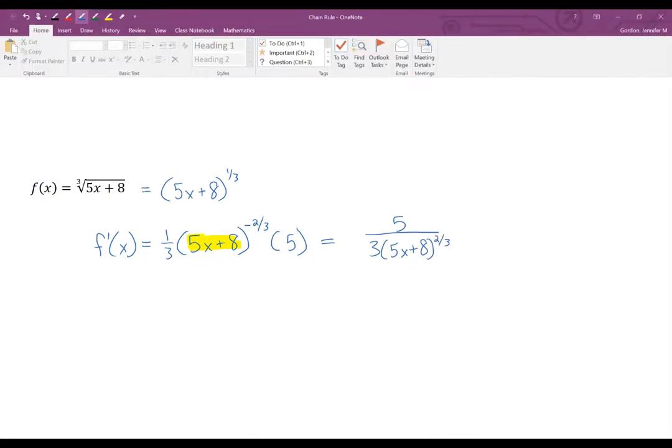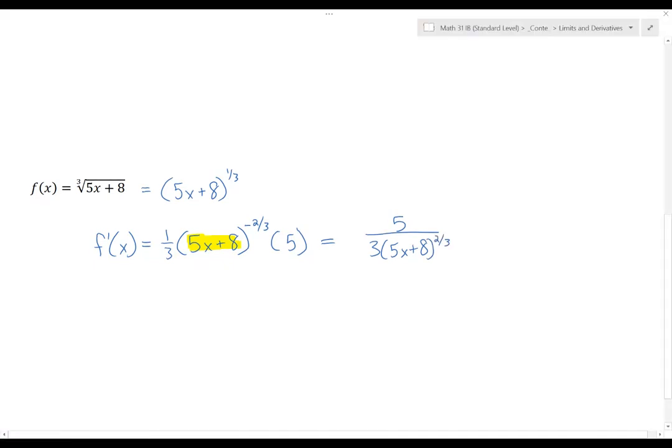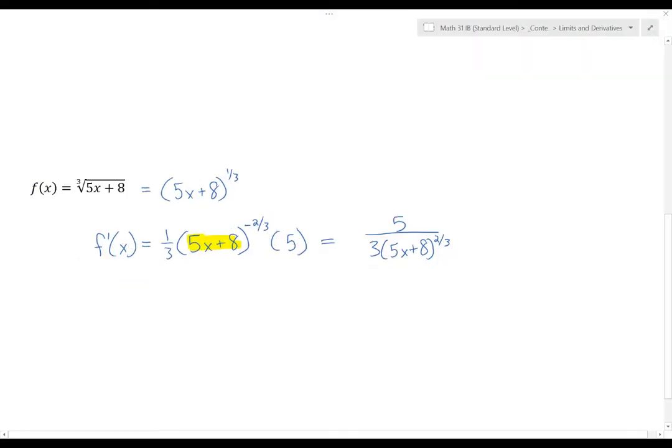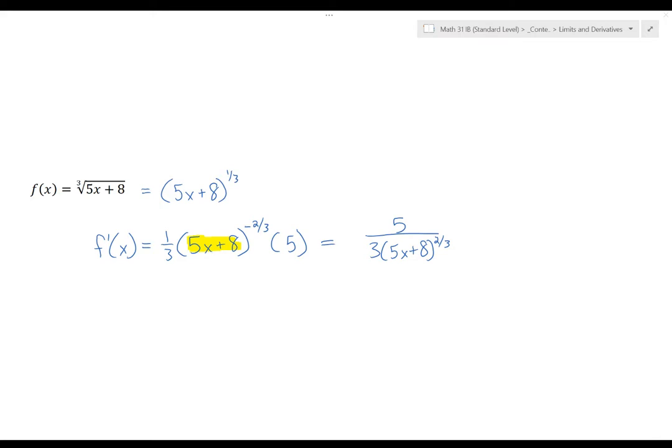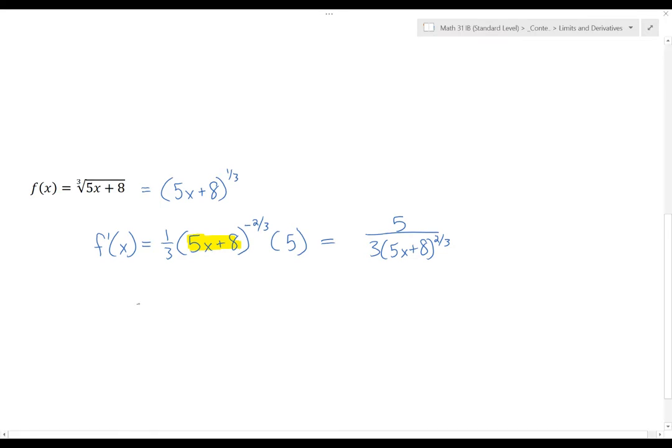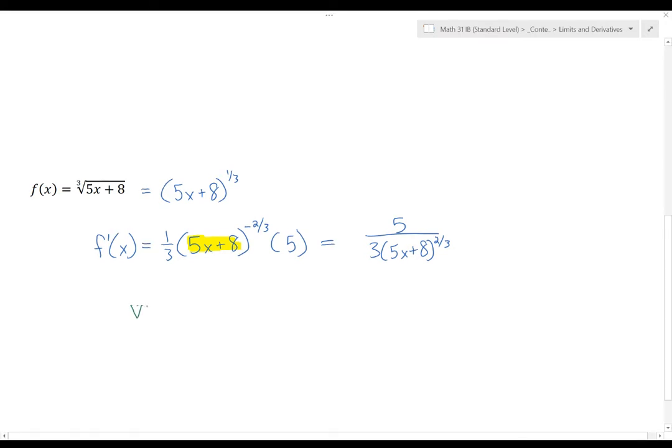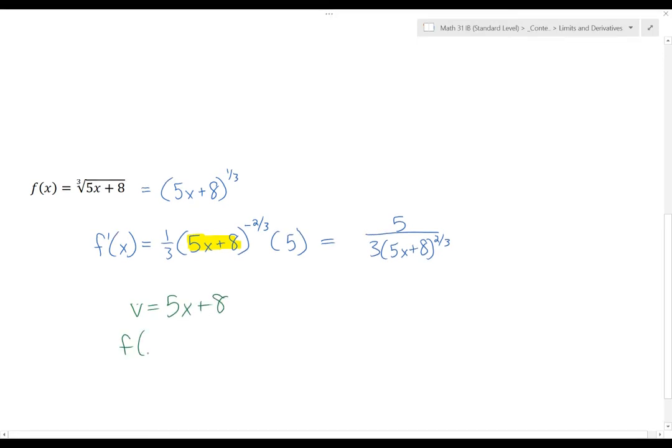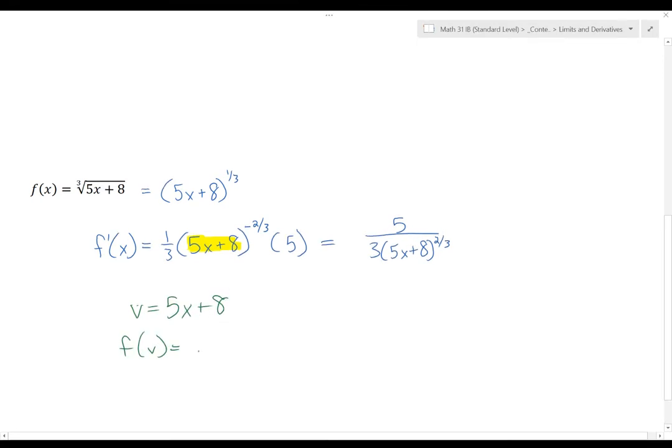If I think of what the chain rule was in Newton notation, f prime of v, well, if I just pretend that v equals 5x plus 8, then f of v is simply v to the power of 1/3. So f prime of v is 1 over 3v to the 2/3.